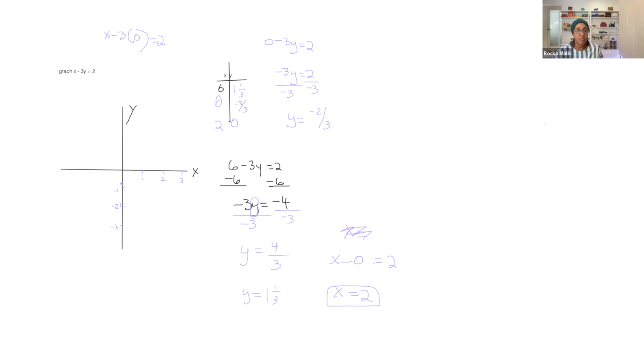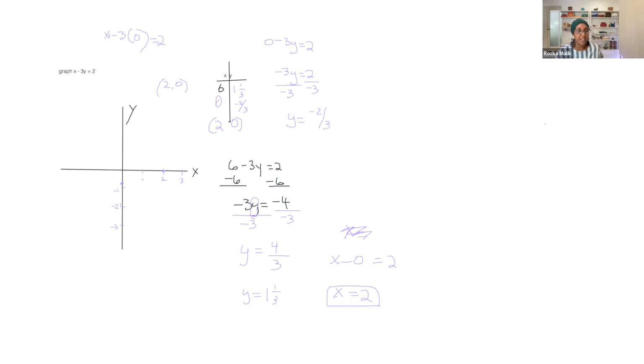So I go to plot this point. I'm plotting (2, 0). Start here and I go 2. And then I don't go any place for the y, not up nor down, just right there.